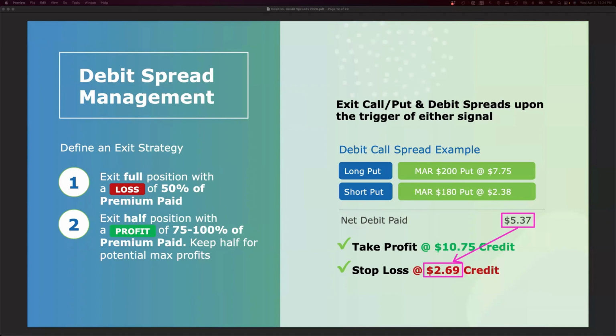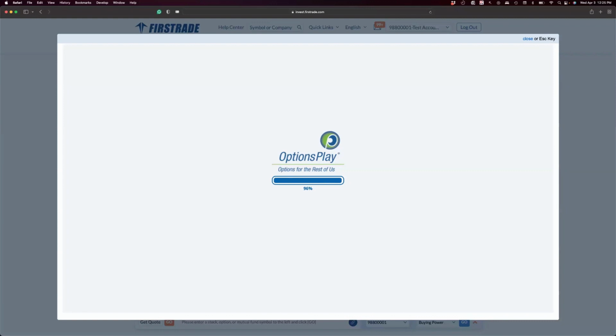Give me 1 second to just pull that up. So for those of you that are using your First Trade account, within your First Trade account, you have access to Options Play. And Options Play is built to help you structure these types of trades instantly using our options wizard.